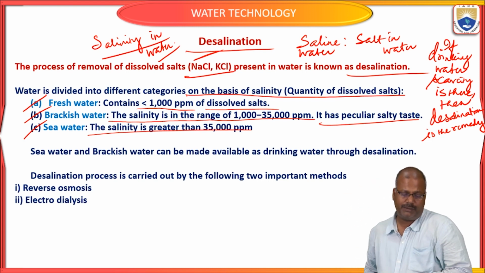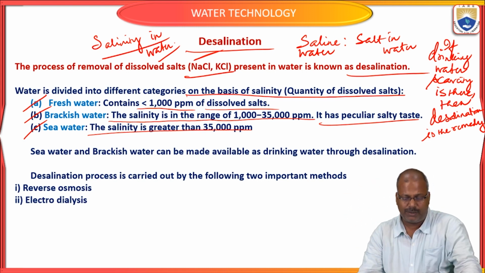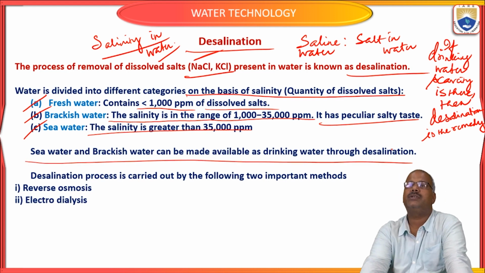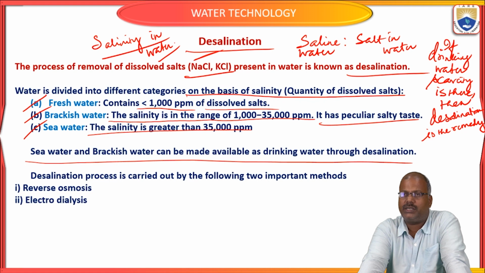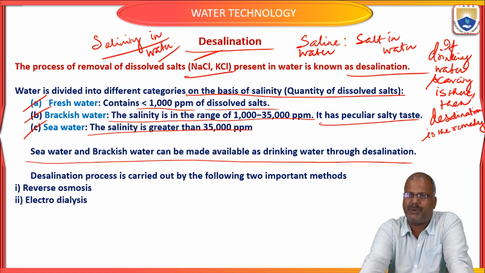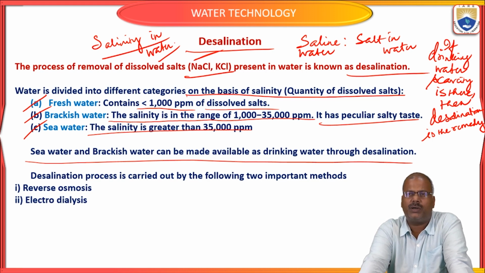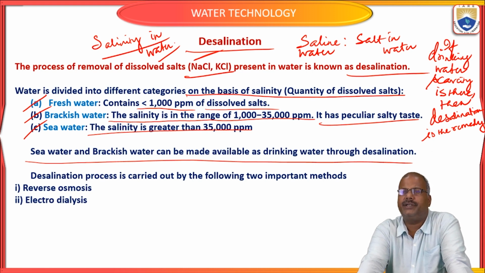So seawater and brackish water can be made available as drinking water through this desalination process. If drinking water in some countries or places is highly scarce, then desalination is used as a remedy for converting brackish and seawater to usable, consumable drinking water.